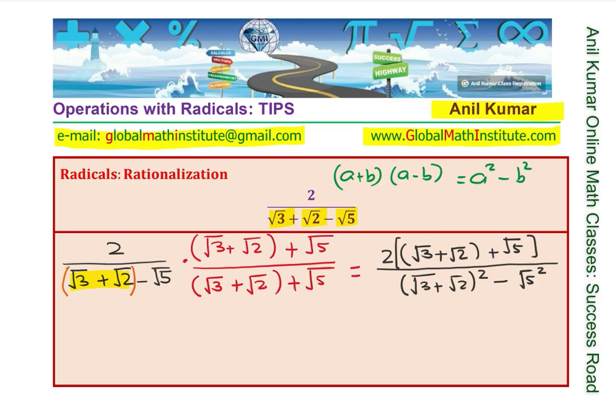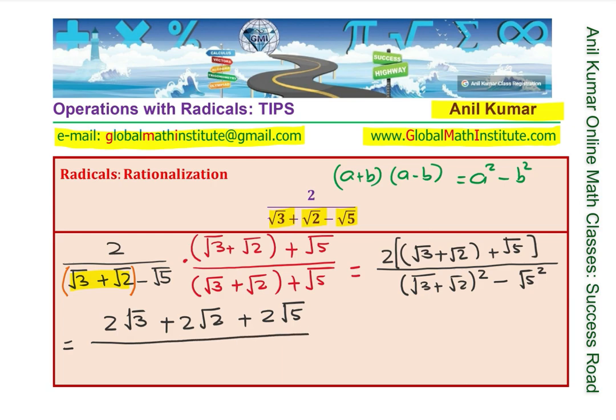Well, let's move on. In the numerator, let me just expand these terms, and what do we get? We get 2 square root 3 plus 2 square root 2, and we have plus 2 square root 5. Well, that is complicated. However, in the denominator, we have much simpler thing.